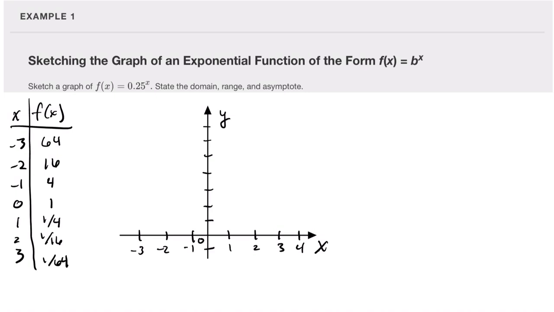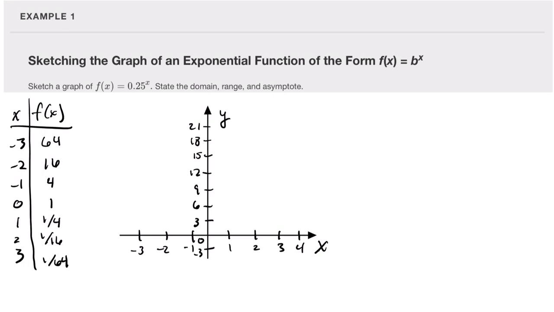Let me think. Yeah, let's just go by threes. So 3, 6, 9, 12. What is that? 15, 18, 21, and so on. And this will be -3 down here, right? So then if we plot these points, now -3 goes off the chart.